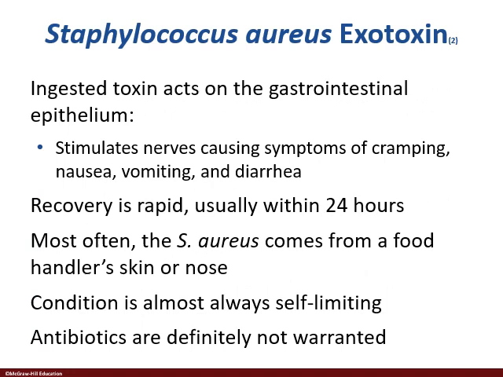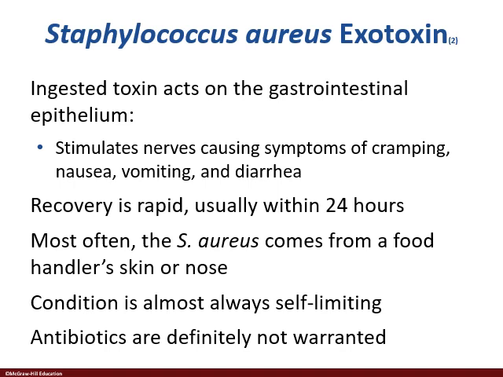The exotoxin doesn't directly damage cells so much as it stimulates cells, stimulates the nerves that innervate the underlying muscles of your small and large intestine, the muscles that are responsible for peristalsis, causes them to beat in the wrong pattern, or beat and contract too hard, causing cramps.